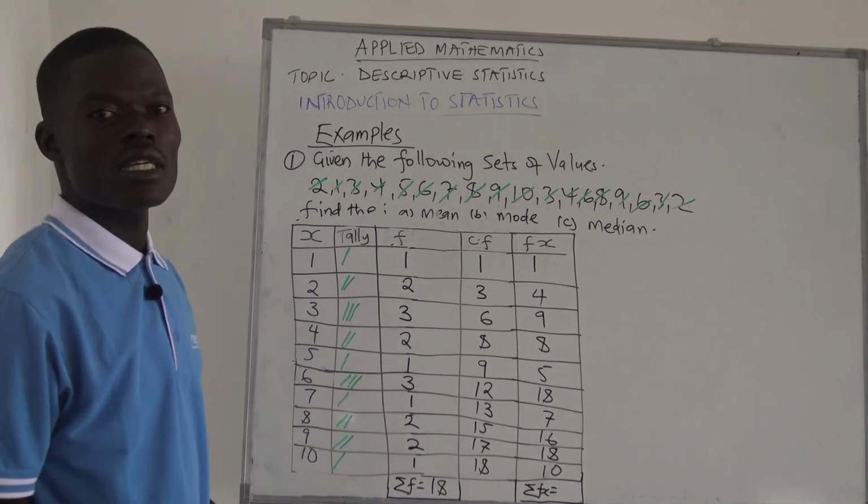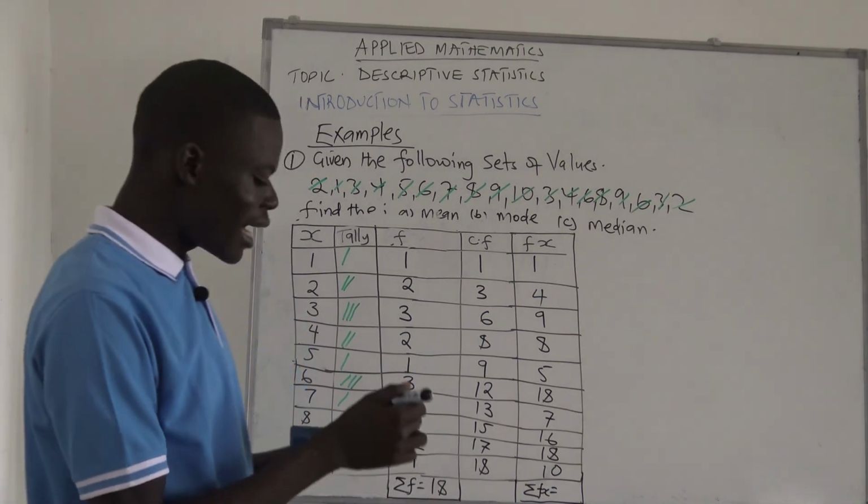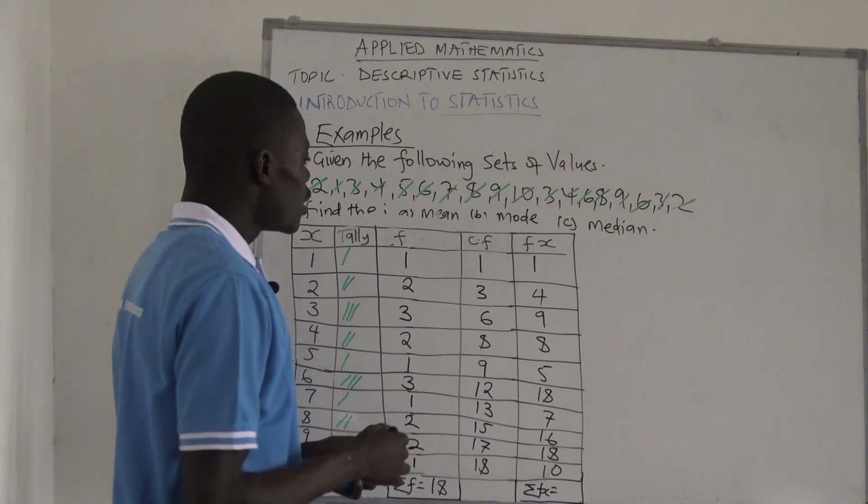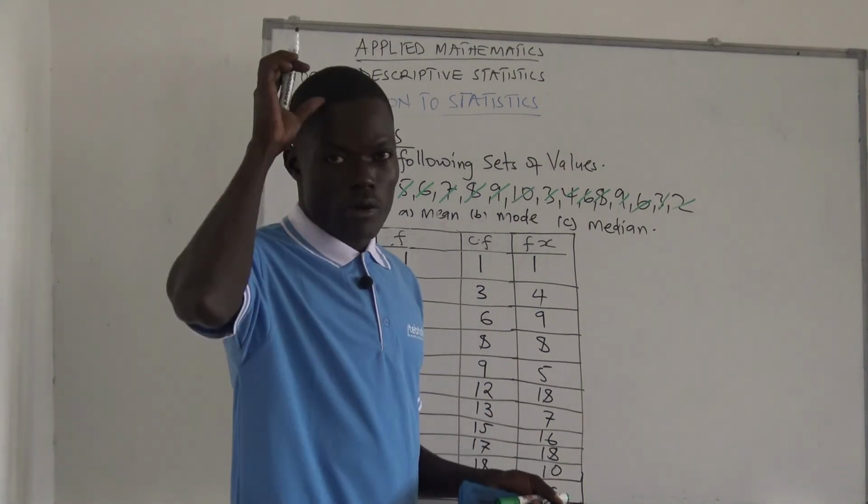Then after finishing, you get what we are calling the summation of fx. You also get your calculator and then you add.